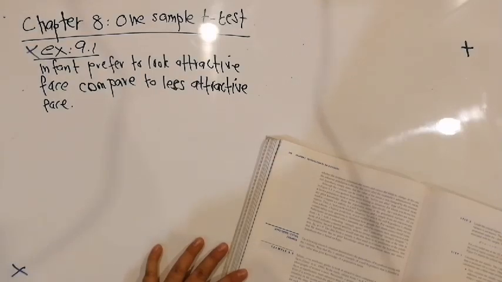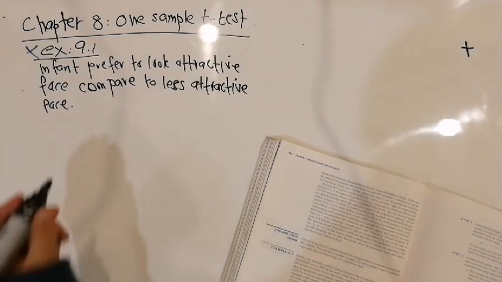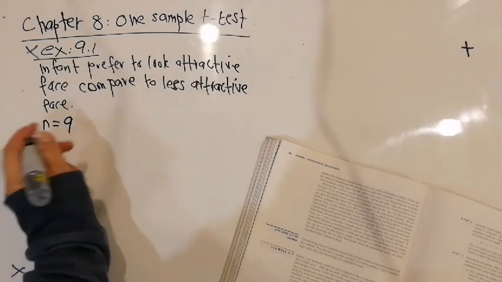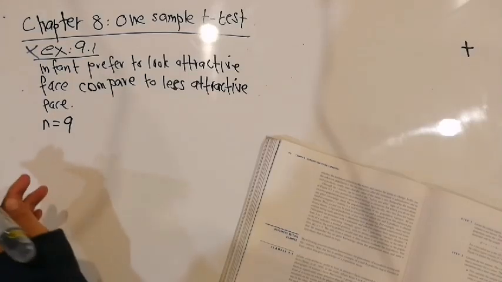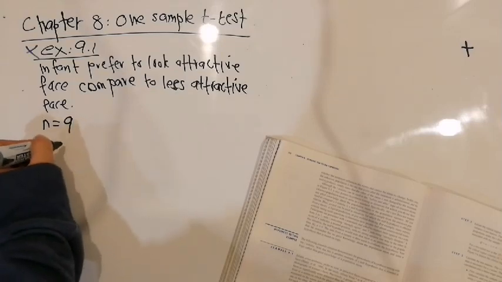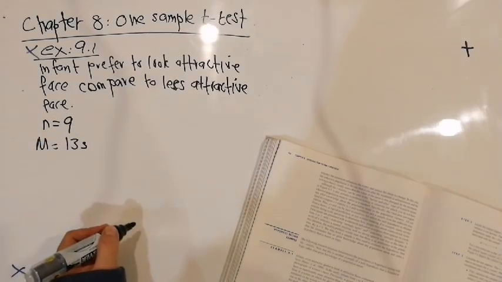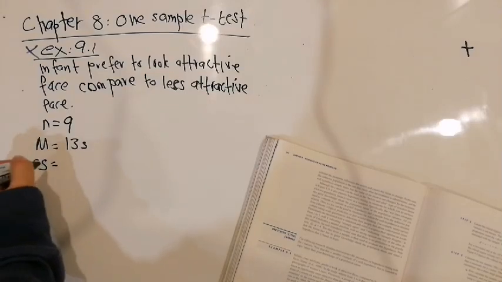They position a screen showing both attractive and less attractive faces to the baby. The number of samples is n equals 9, which is 9 babies. The average time babies looked at the attractive faces is M equals 13 seconds, and the sum of squares is 72.